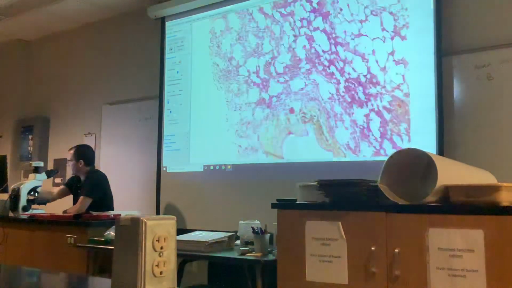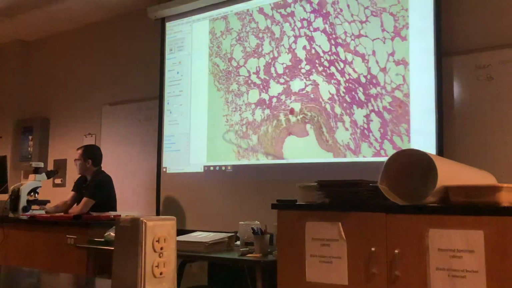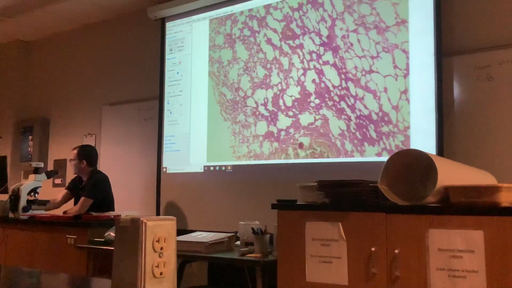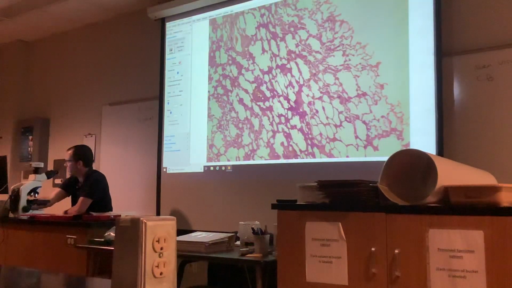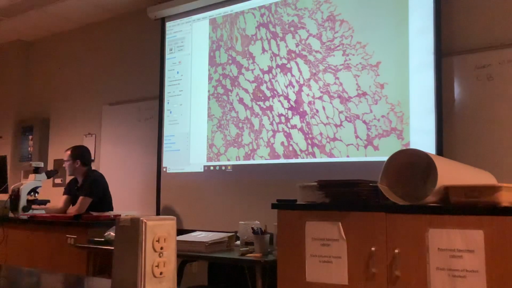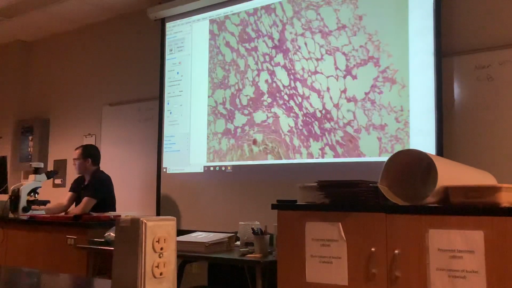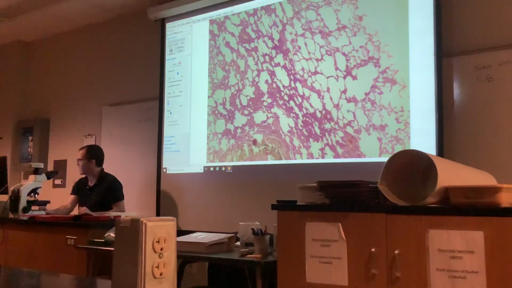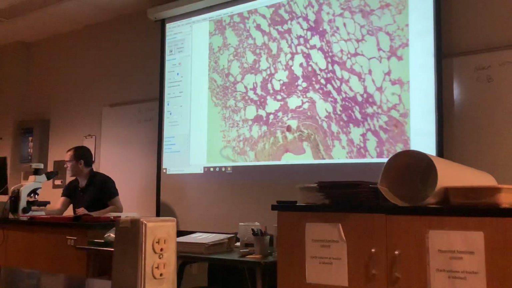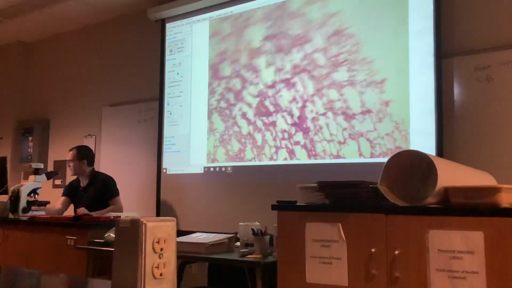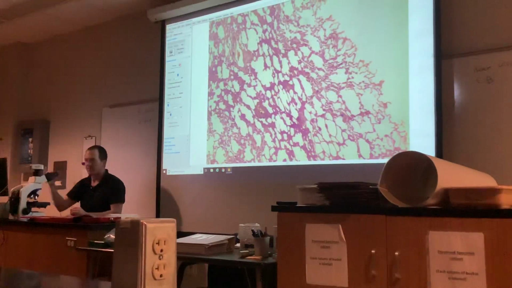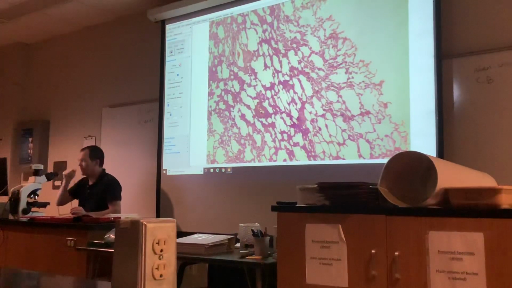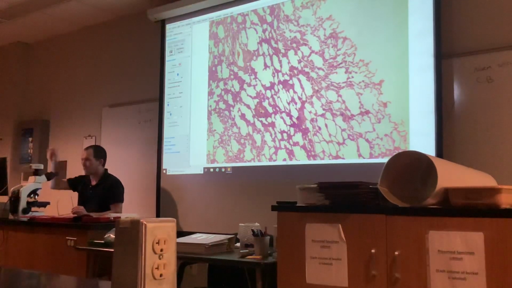And if I go back to this power, and I adjust the different settings here, you can see now that when it's properly focused, they don't look the same. At least I don't think they do. You've got a lot more open space that's literally airspace in this lung, where in the salivary gland it was all packed in, except for when you bleached it out.